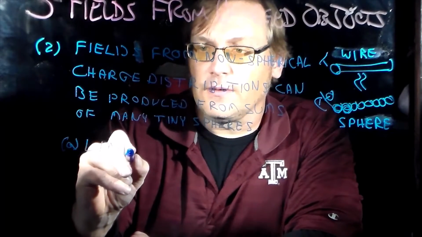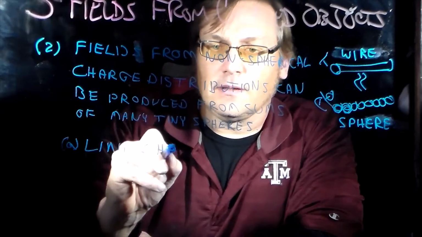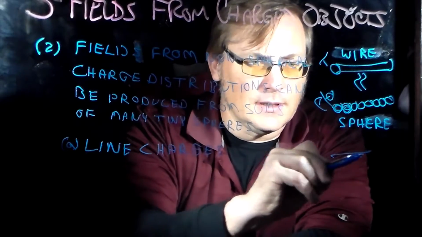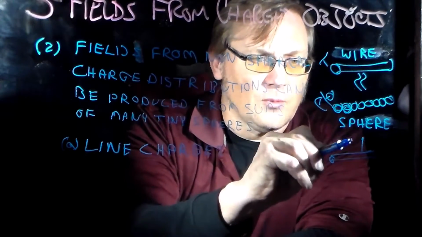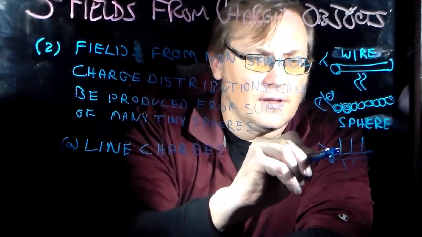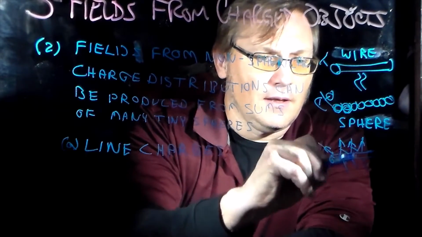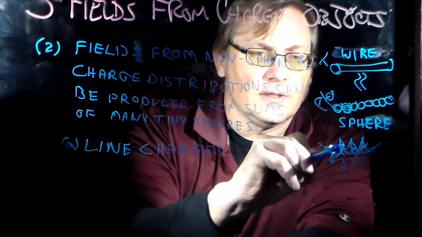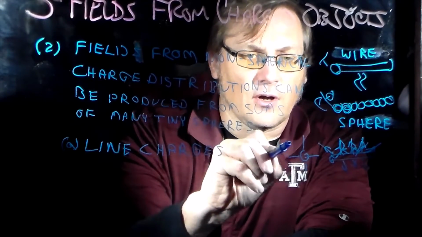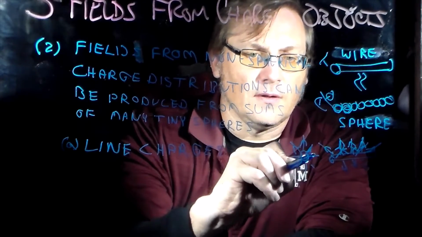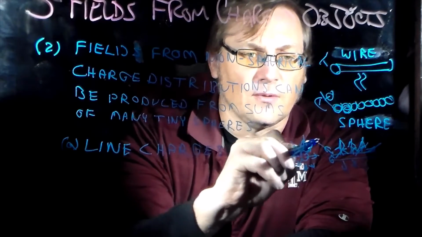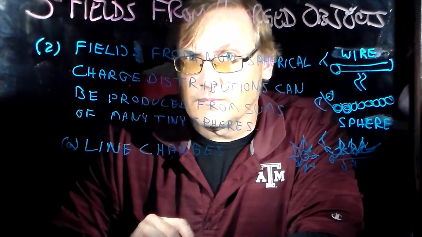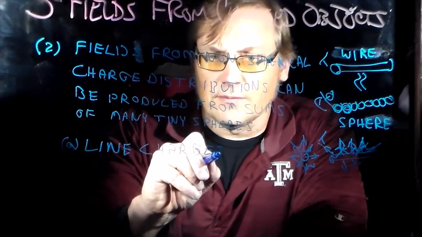So then we end up with a couple of different ways to do this. A charge like this from a wire ends up having this radially outward direction, so if I do that in cross section, the field comes out like this from the line charge distribution.